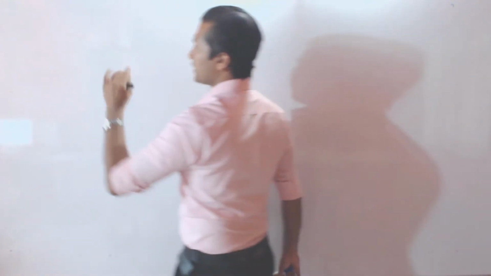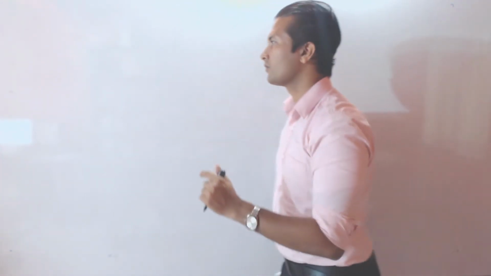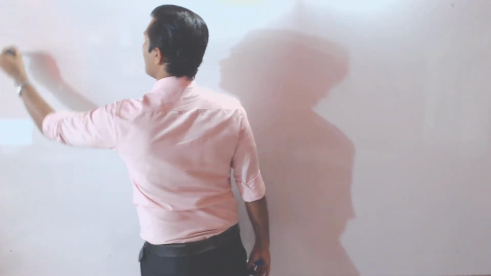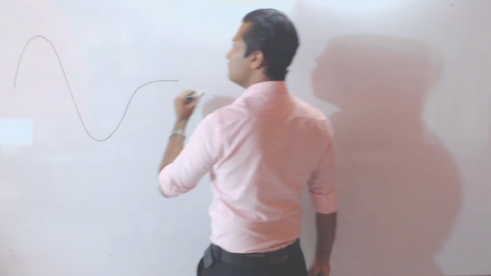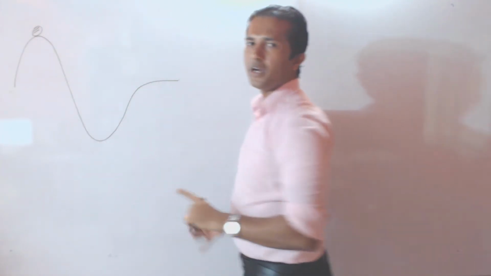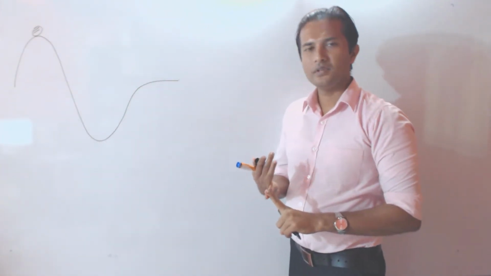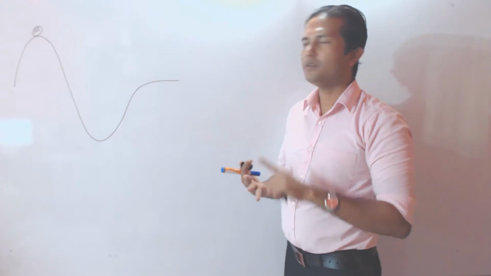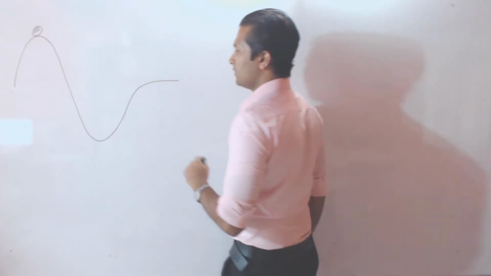Let's move on to types of equilibrium. There are 3 equilibriums, known as stable equilibrium, unstable equilibrium, and neutral equilibrium.